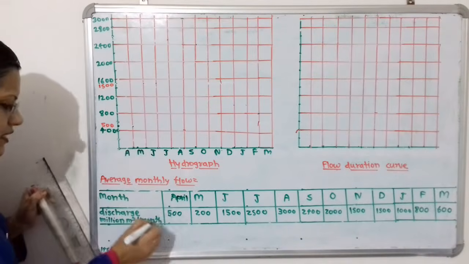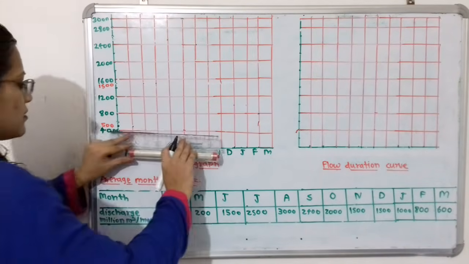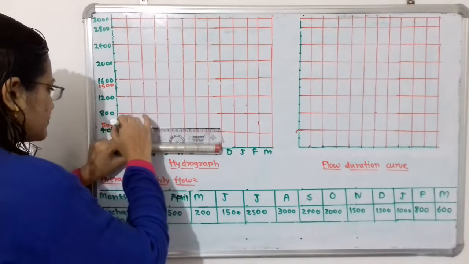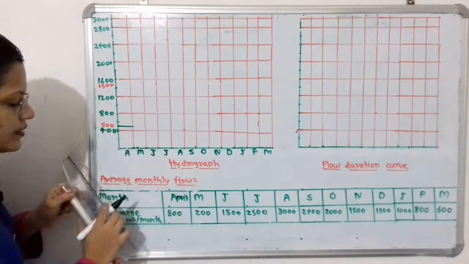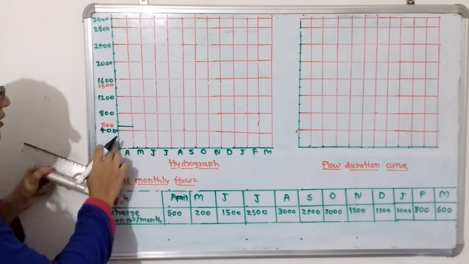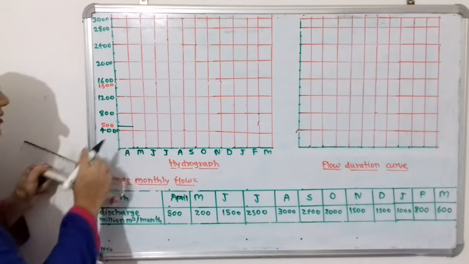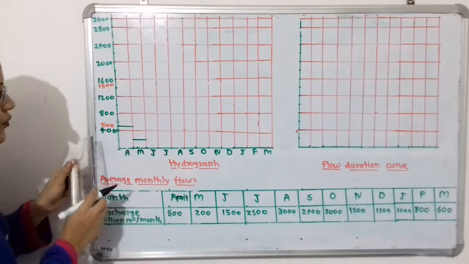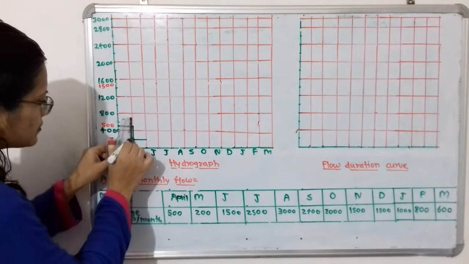So for this 1 centimeter we will plot here one horizontal line. Then for the month of May it is 200. So here is 200, that is in between 0 and 400. So we will draw here one line. So we will join these two lines.